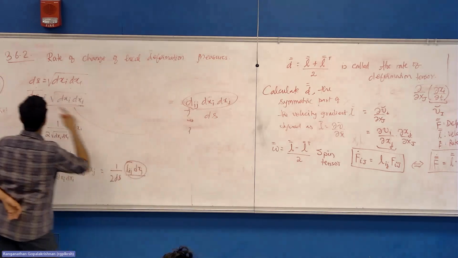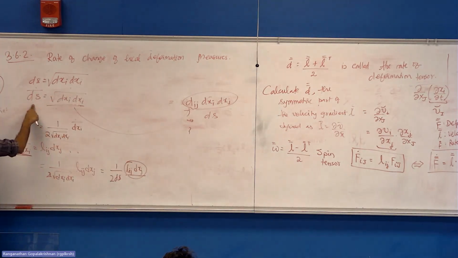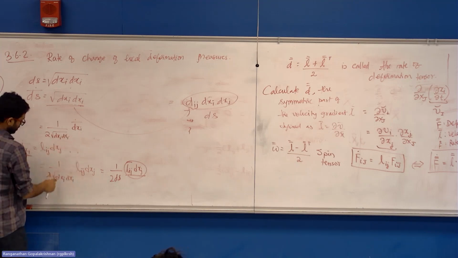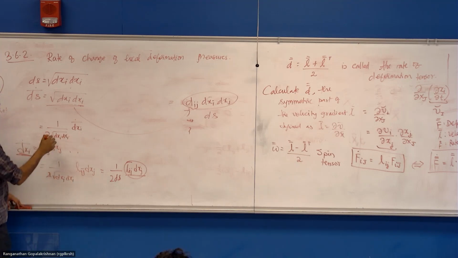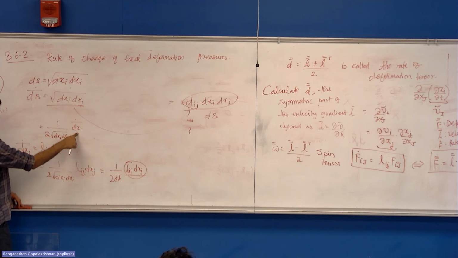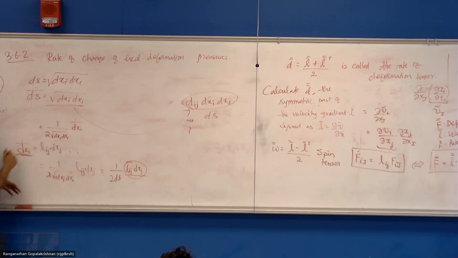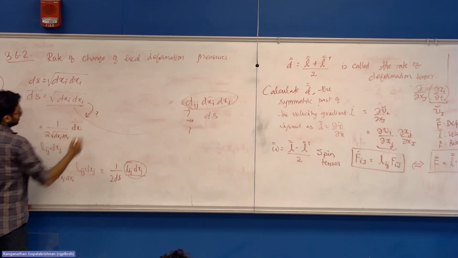This is a scalar, and so is this. So it's not like you can directly go from here to here. What are we missing here in this step?